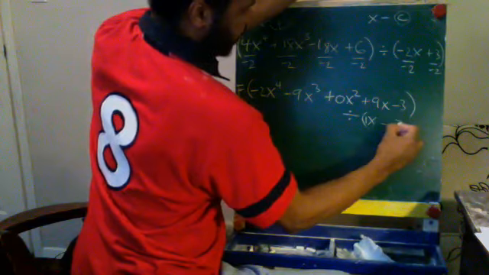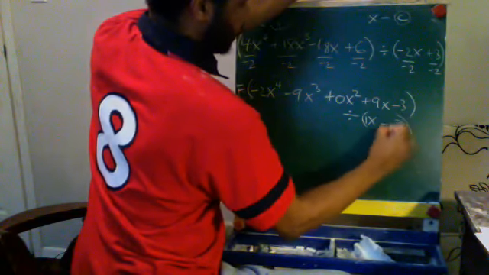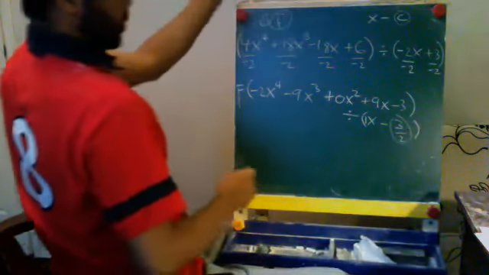This is going to be minus 3/2, which tells me I'm going to be dividing by 3/2.